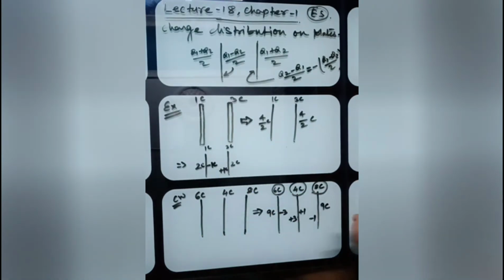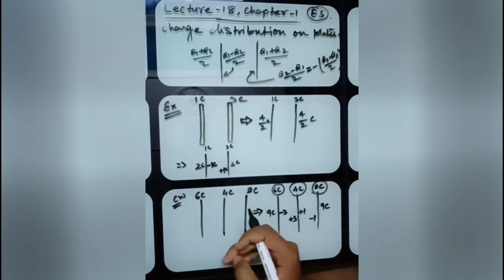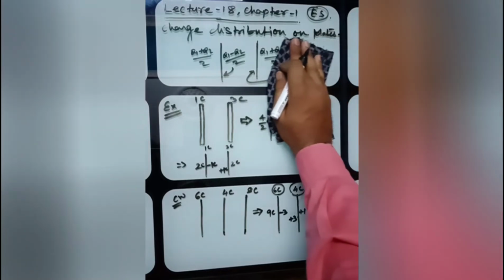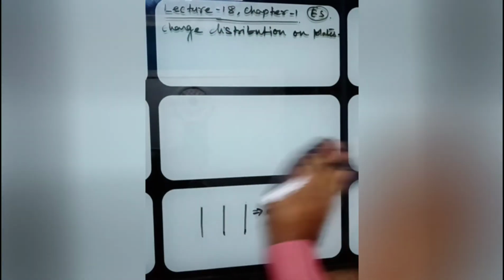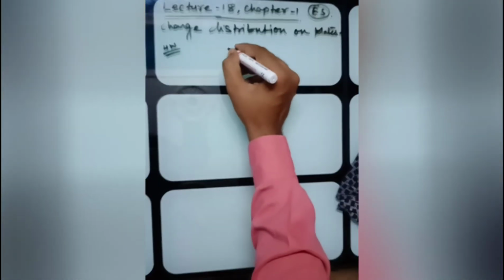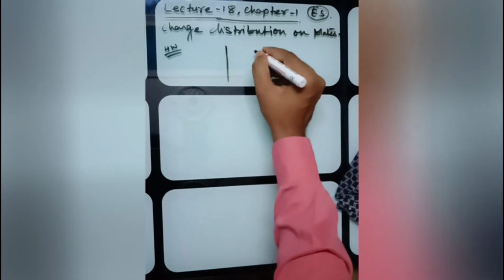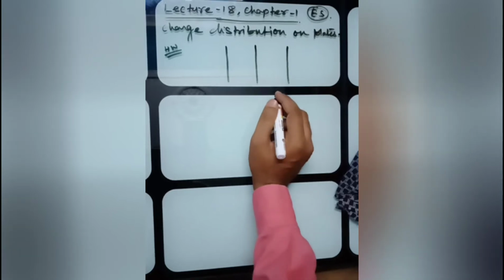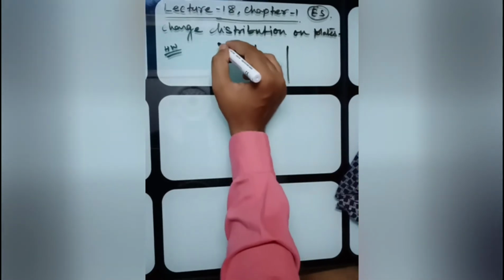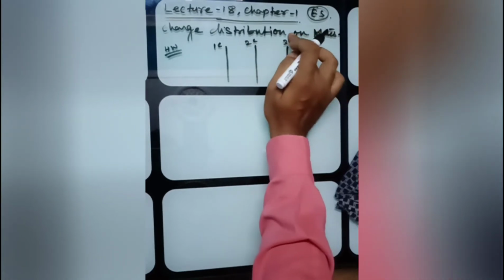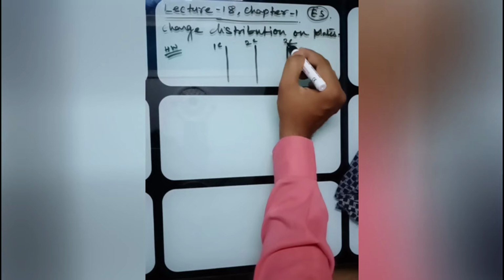Now student, another question I'm giving you for the homework. Okay, it will be your home assignment. Try to solve by yourself. Okay, so I'm taking for the homework again 3 plates, and suppose I placed 1 coulomb, 2 coulomb, 3 coulomb.